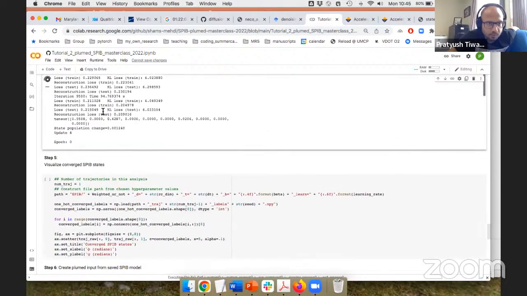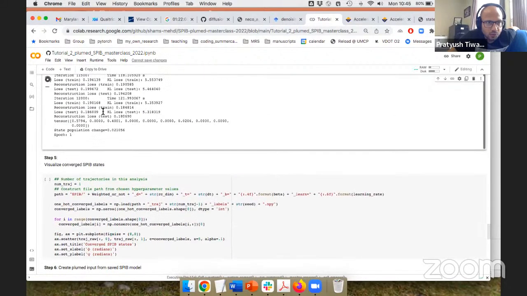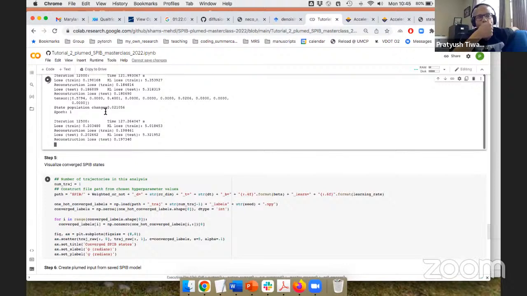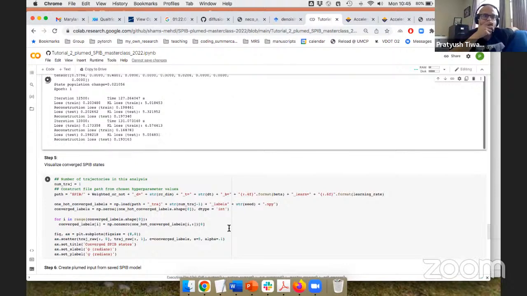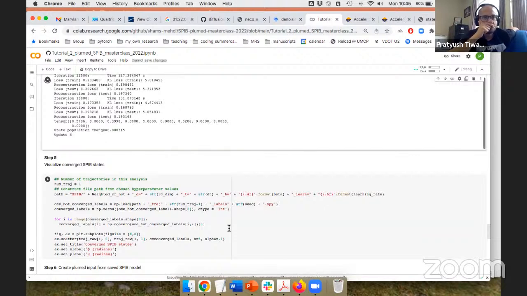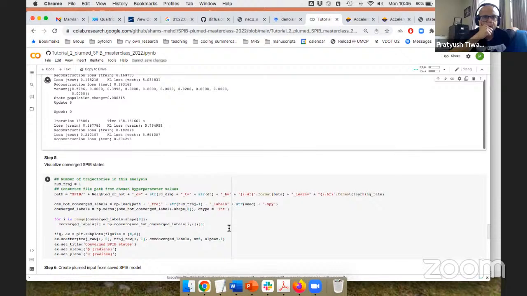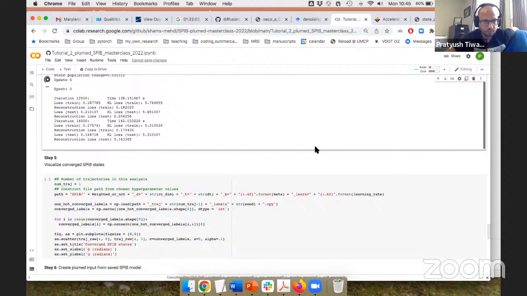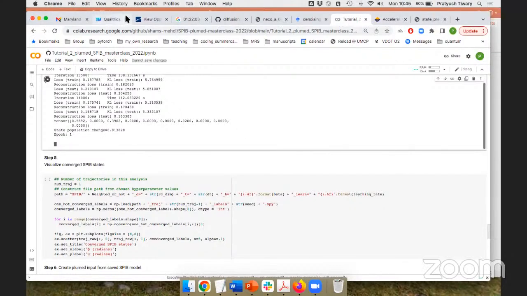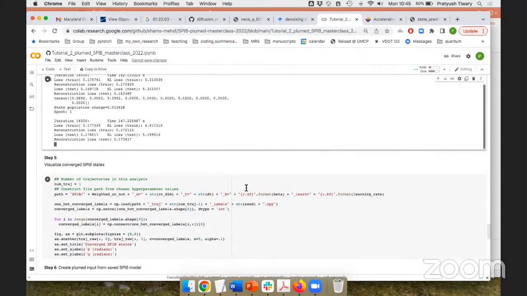Okay, great. So because we specified number of refinements to be 15, it will keep going until 15.